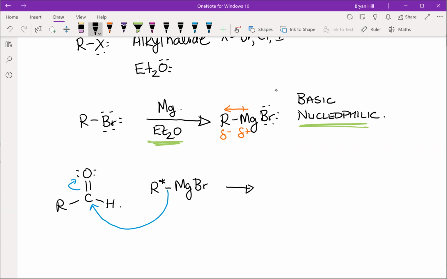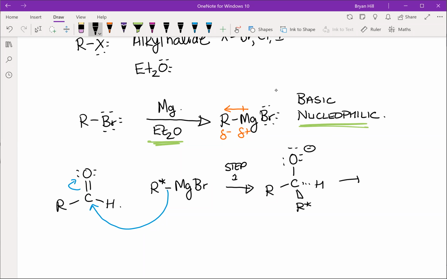And then you've got R, carbon, R star, H, negative. This would be step 1.